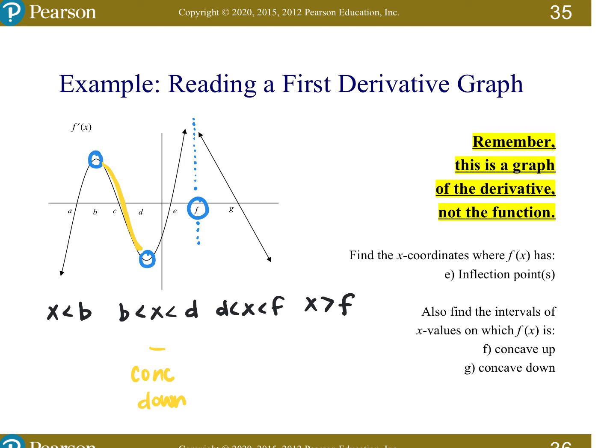Okay, the section preceding that has positive slope, which means that whole section is concave up. Between d and f, up to that brokenness, we have another positive section, which means it's concave up.